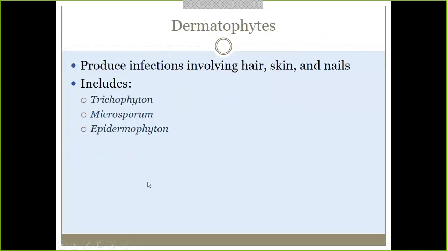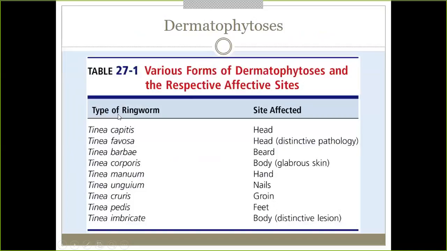All right, so the main three categories that are known to involve infections of the hair, skin, and nails are Trichophyton, Microsporum, and Epidermophyton. And then here are all the different types of infections that you might hear. The second word is going to tell you where on the body that infection is occurring. For example, tinea capitis is an infection on the head, cap for head.